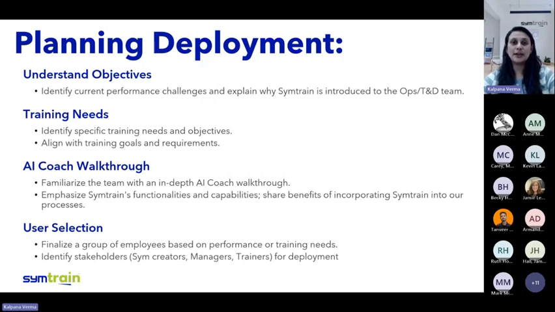Now, the reason why it is very important for you to identify these stakeholders is because the TND is the training team. They are really going to help you here because they are really thorough with the product, and they can help you create good content in terms of thinking from the trainee's perspective.